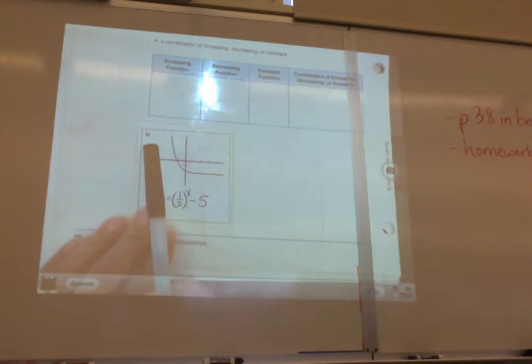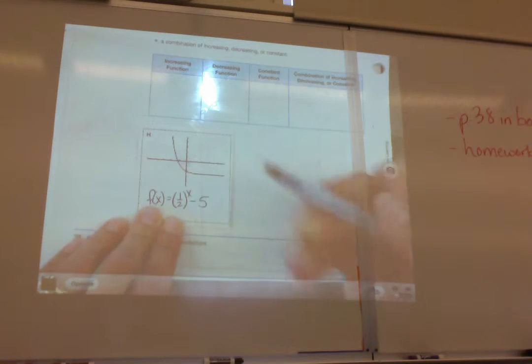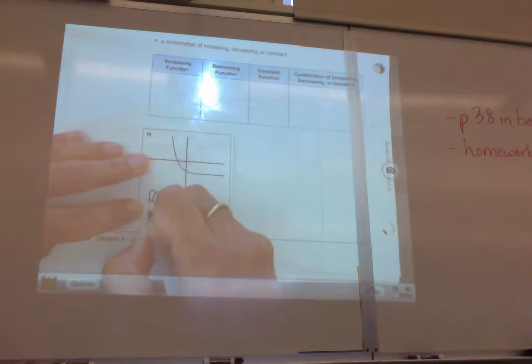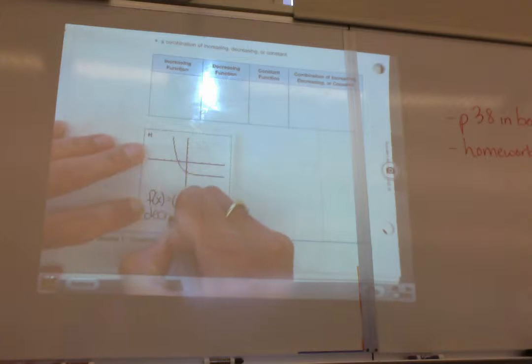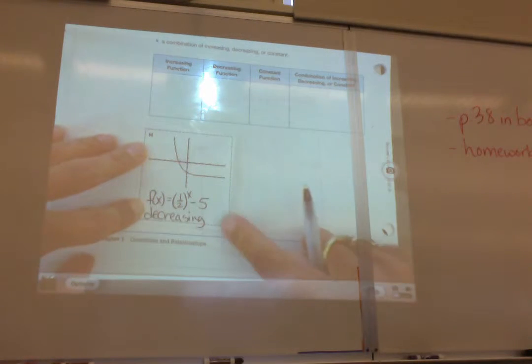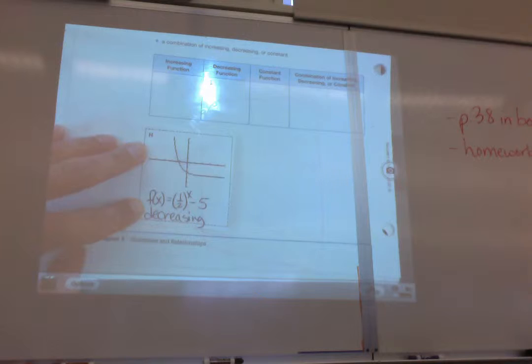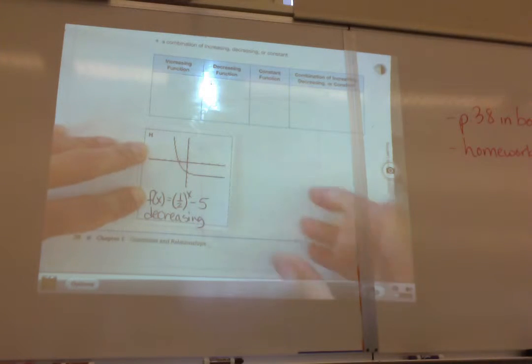So right here, as I look left to right, what is this graph doing? You're going to write that on the bottom or somewhere on this little card. This is a decreasing function. Yesterday we figured out what that function was. And you're going to put the letter in the table on the bottom of page 38.